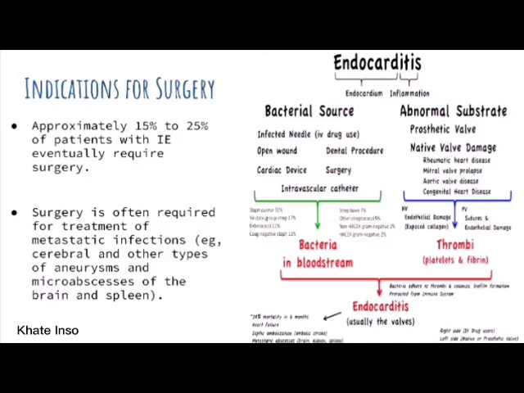For the abnormal substrate, it is prosthetic valve and native valve damage, just like rheumatic heart disease, mitral valve prolapse, aortic valve disease, congenital heart disease. And for the bacterial source, it runs as bacteria in the bloodstream, and for the abnormal substrate, it occurs in the thrombi or platelets and fibrin.